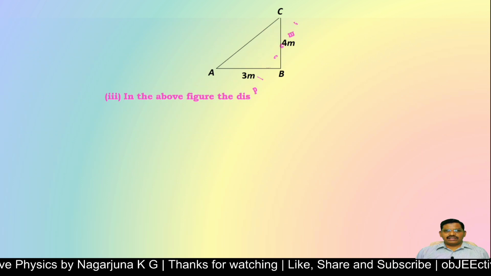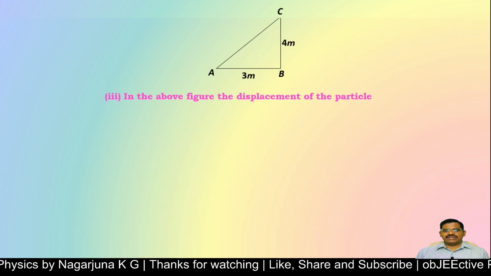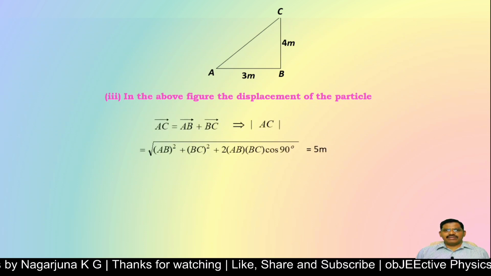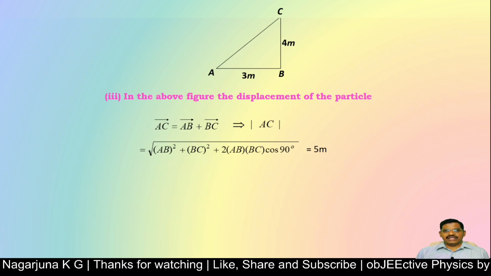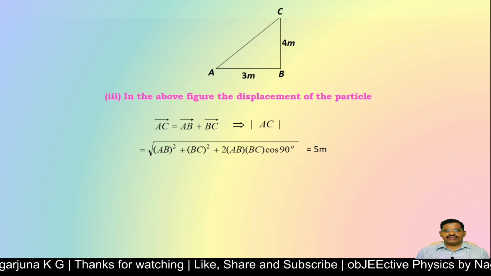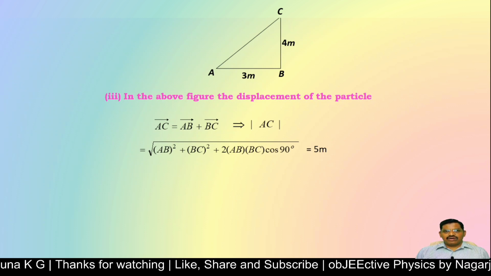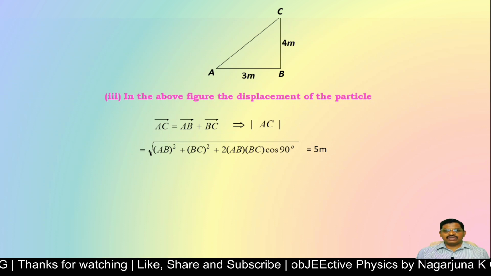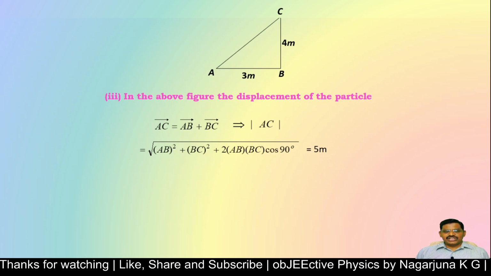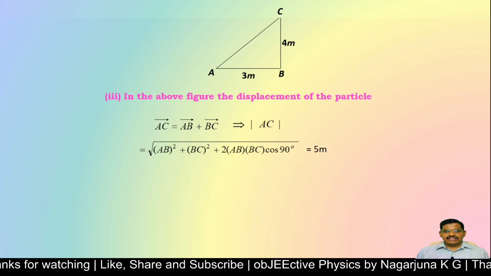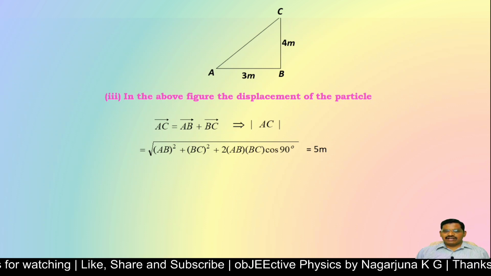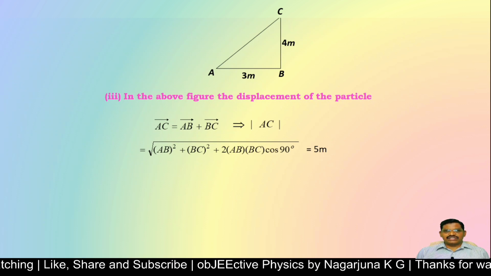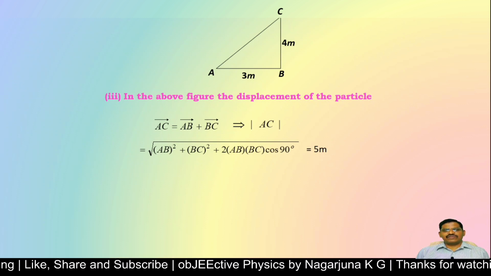Now, in the above figure, the displacement of the particle AC bar is equal to AB bar plus BC bar, which implies modulus of AC is equal to the square root of AB square plus BC square plus 2 AB into BC into cos 90 degrees. By substituting the AB value as 3 meters, the BC value as 4 meters, and the cos 90 value as 0, we get 3 square plus 4 square, that is 25, or root 25 is equal to 5 meters.